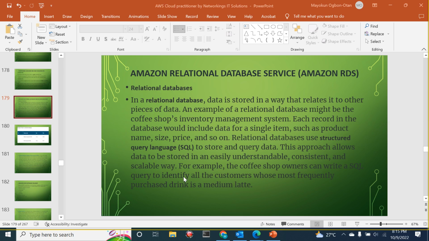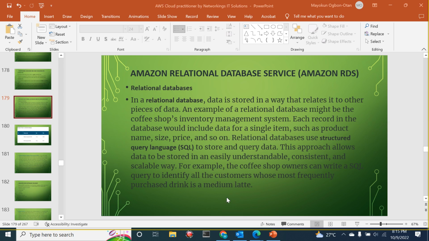This approach allows data to be stored in an easily understandable, consistent, and scalable way. For example, the coffee shop owners can write a SQL query to identify all the customers whose most frequent purchase drink is a medium latte.